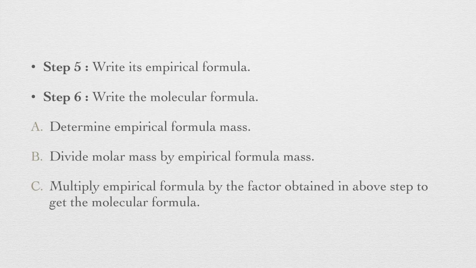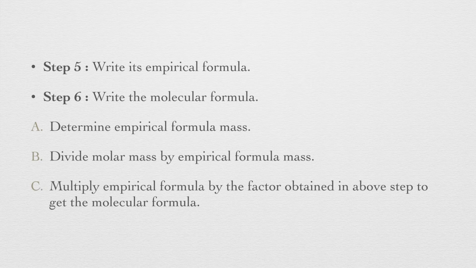Next step, you will find out the mass in grams. That means whatever you got the mass percentage, you are going to convert it into grams. Now once that step is done, you are going to find out the number of moles of each of the constituent elements in that compound.